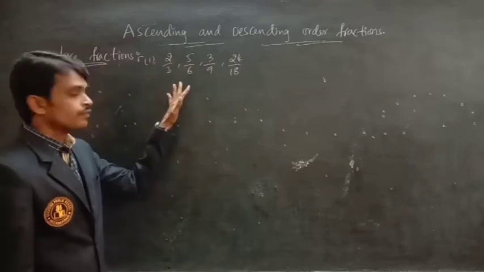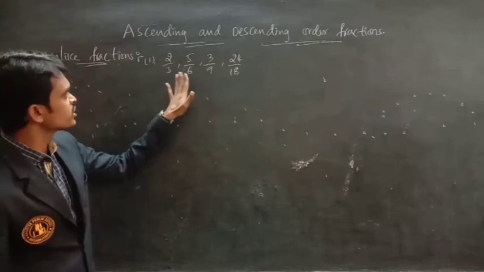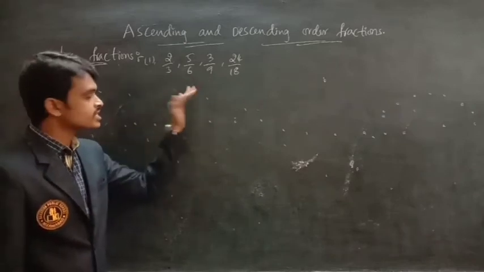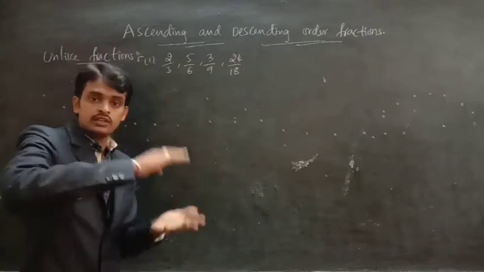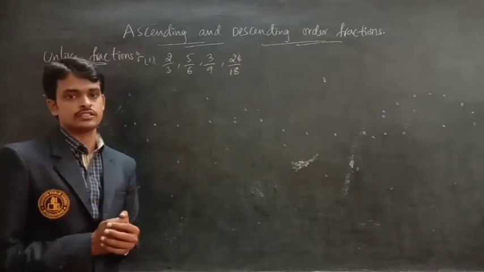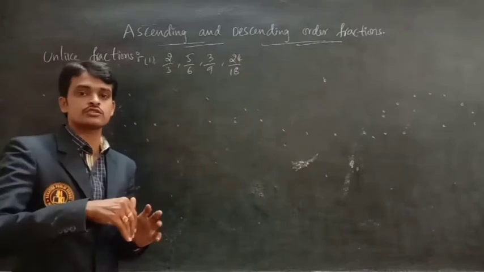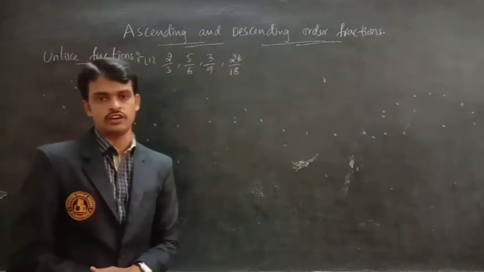By looking at these fractions, we can't tell which is big and which is smaller. So we have to convert them into equivalent like fractions. After converting, we can write them in ascending and descending order.